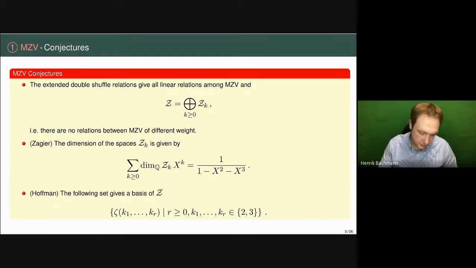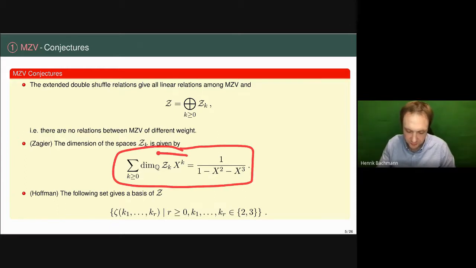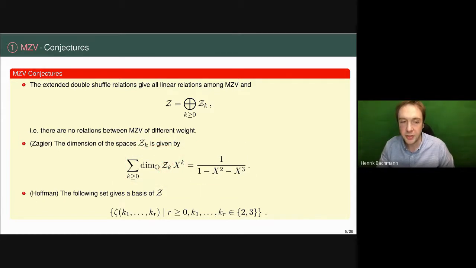And then due to computer experiments, Zagier conjectured that the dimension for the weight k case can be given explicitly. There are two ways to write this down. One way is using generating series. If you take the generating series of the dimension of Z_k, then the conjecture is this is given by this rational function here.